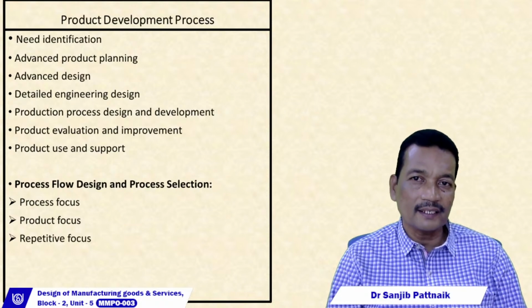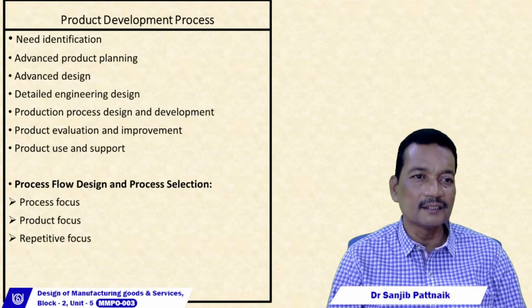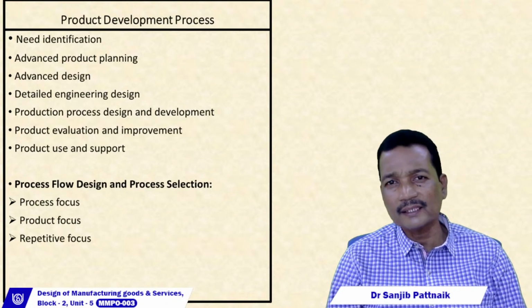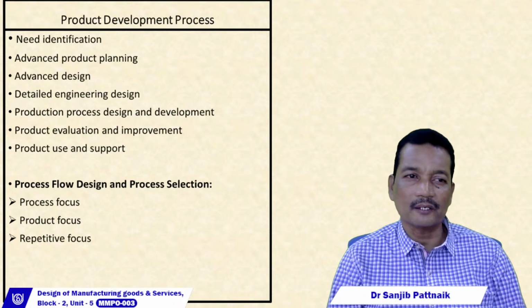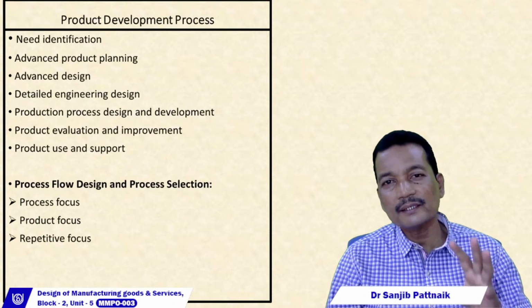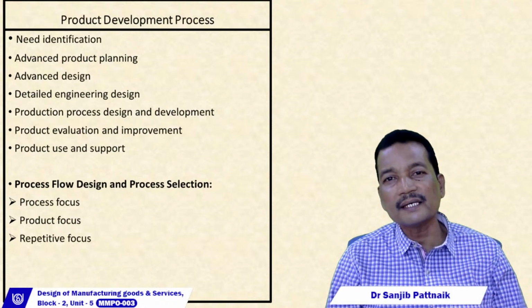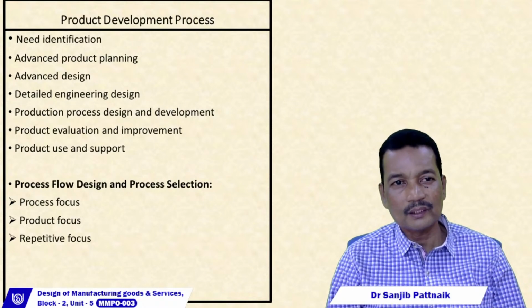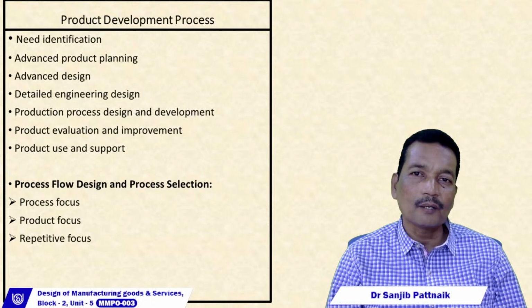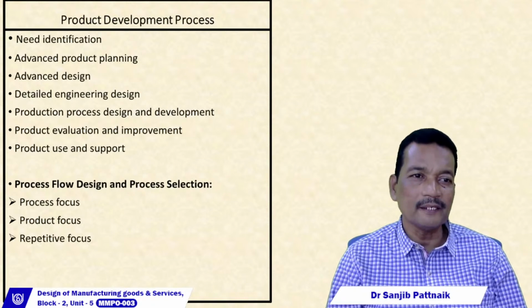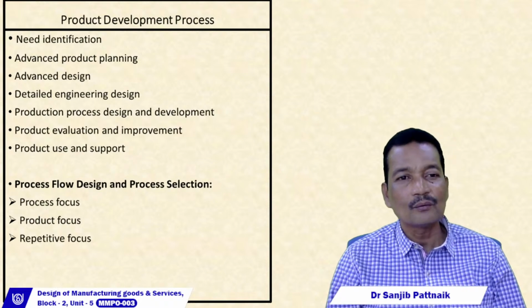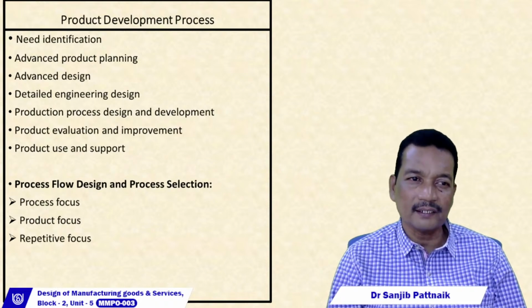Then looking at their wants or needs, we try to think of a product. That means before producing it, we try to plan how the product will be. Then what should be the design for it?